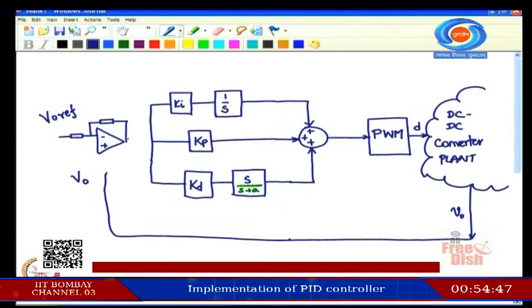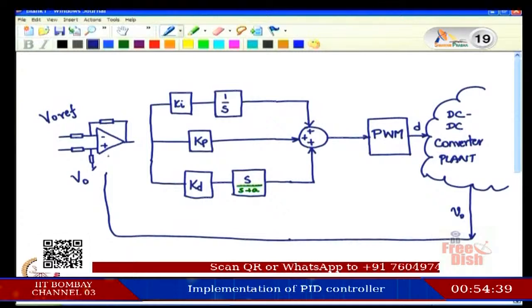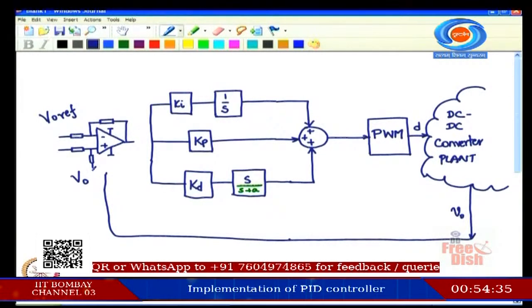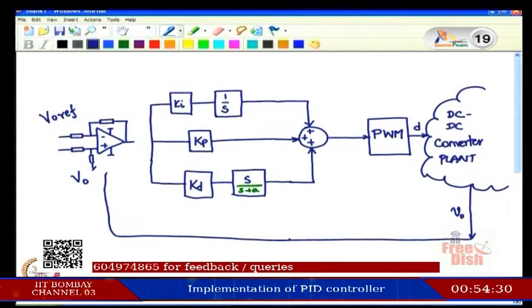So, a diff amp is written in this form. You can refer to any book on op amps, and you can get a host of op amp circuit ideas from them. So, the positive is connected there, the negative is connected to V naught.